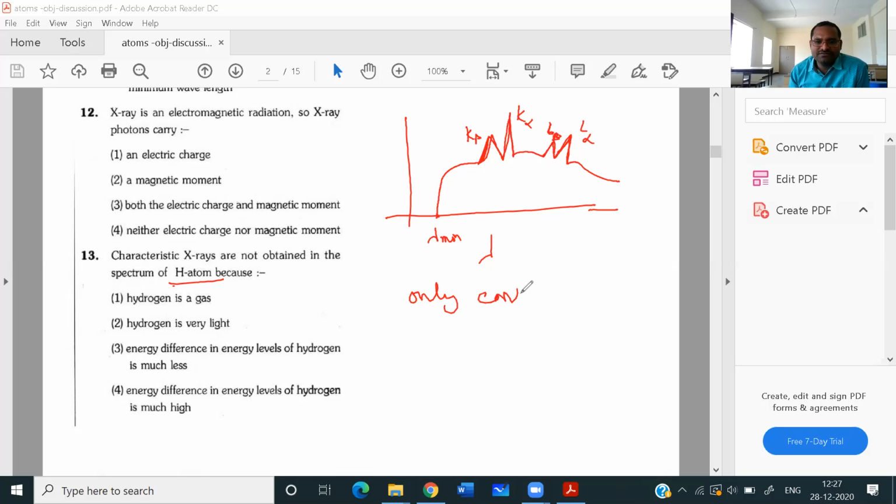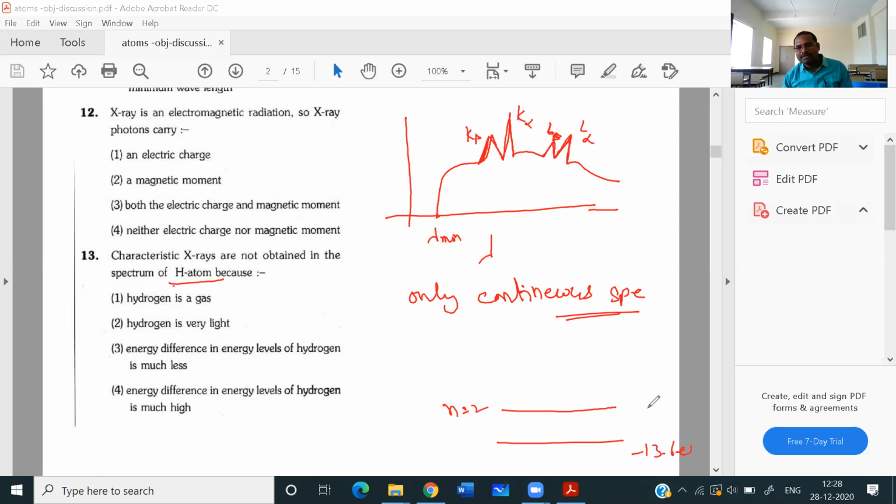Only continuous spectrum we will get in hydrogen. What is the reason for that? The reason is the energy level difference. See here, minus 13.6 electron volt, whereas second orbit n equal to 2 is minus 3.4 electron volt.